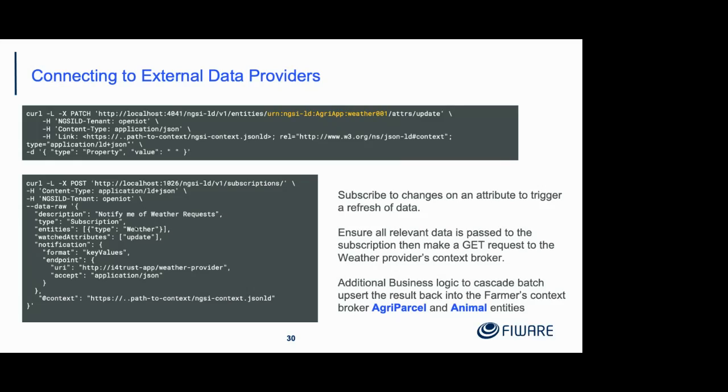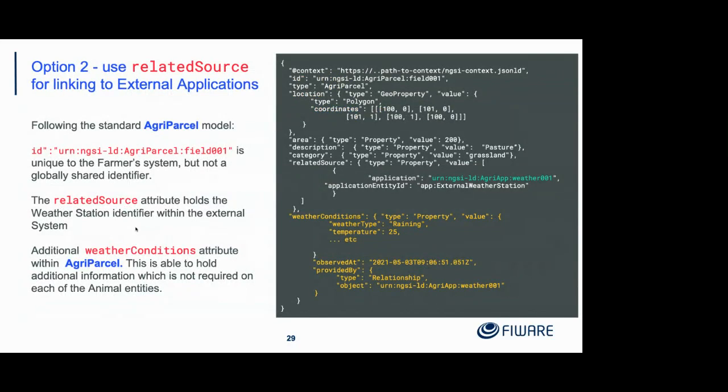In this particular case, I'm saying go off and notify me of weather requests. But you can see that I could just as easily have done this from a dashboard. My dashboard would follow me across the farm, and I could show the various locations of the fields, and I say, okay, I need to get a new weather forecast for that.